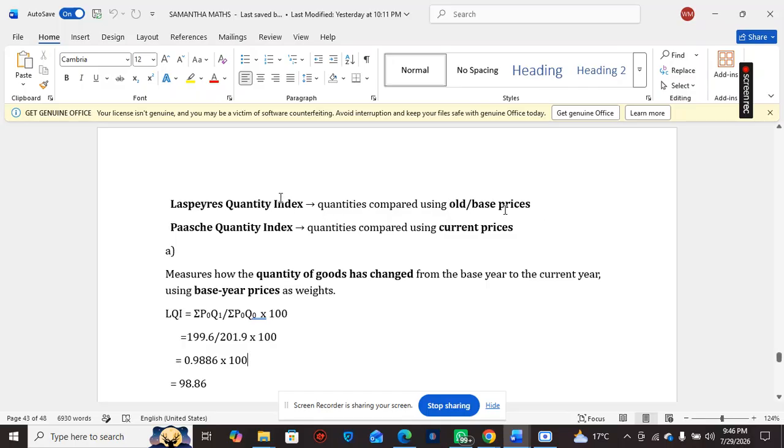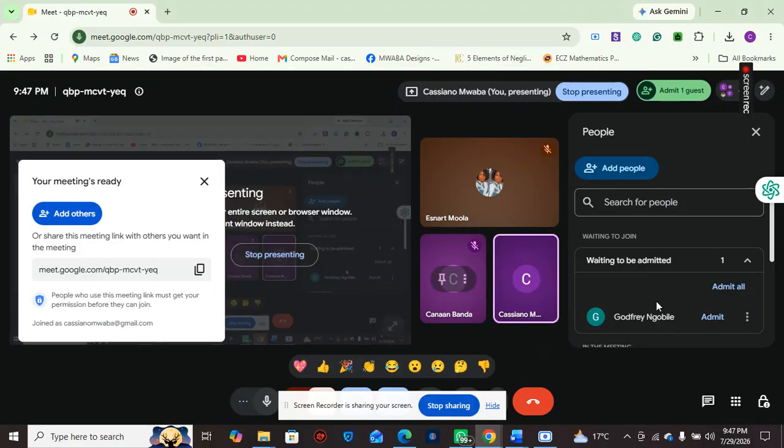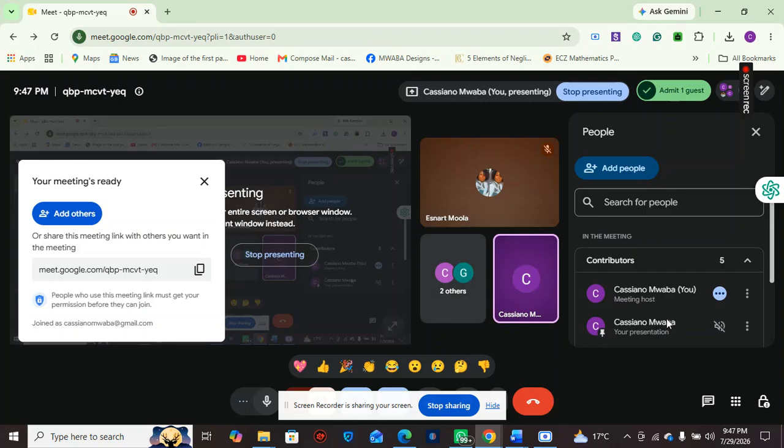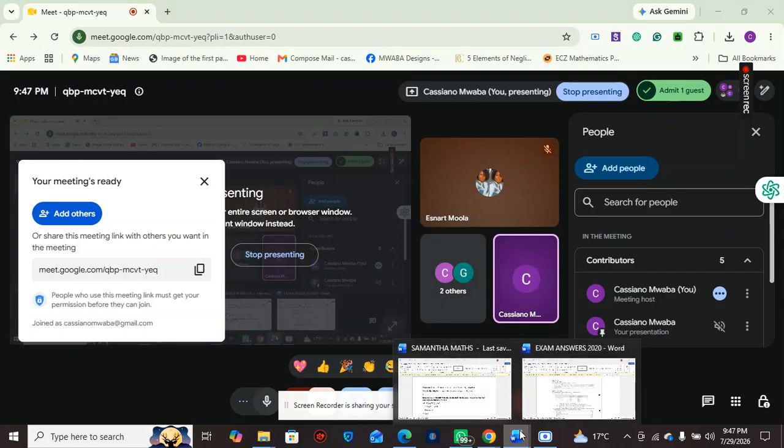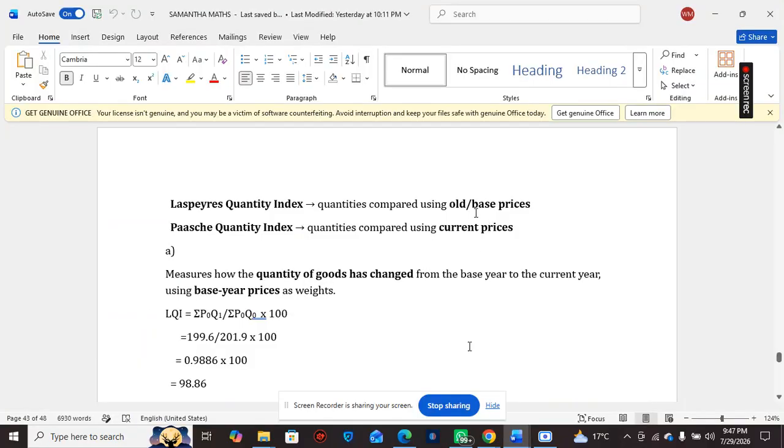So this is one way you can remember it. With Laspeyres quantity index, quantities are compared using old base prices. With Paasche's quantity index, quantities are compared using current prices. So one uses base prices, one uses current prices. When you hear the words base prices, it means we're going to use the prices for 2021 when evaluating the quantities.